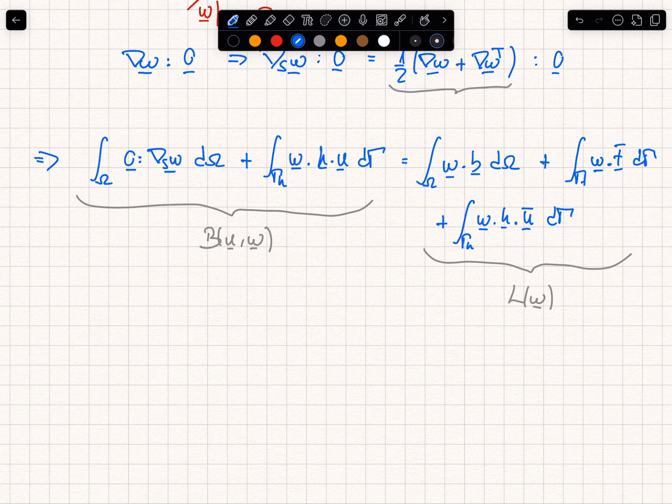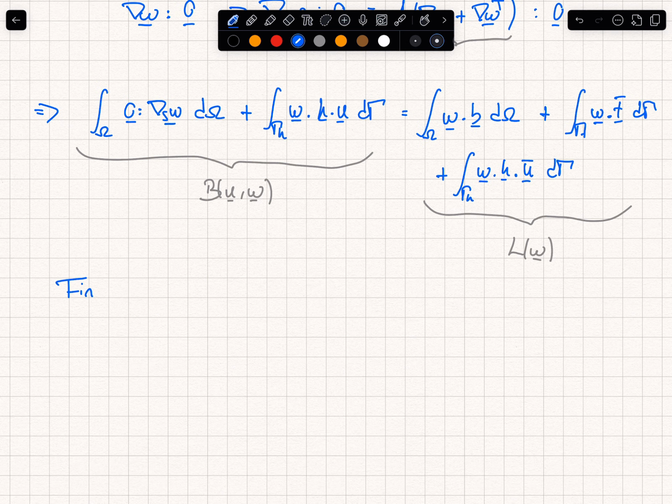And so our final weak formulation in abstract form is going to be: find U in that space of functions such that the bilinear form is equal to the linear form for all W's in that space. And again, keep in mind that this works because we are assuming for simplicity that we have zero essential boundary conditions being prescribed somewhere, if any.